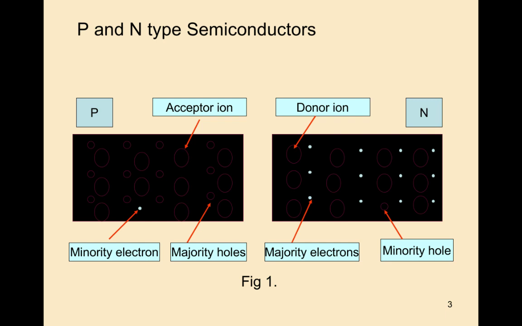So when we add p and n-type semiconductors together, just near the common point, that means just near the junction, holes from the p side are moving towards the n side, and electrons from the n side are moving towards the holes, and recombination takes place.